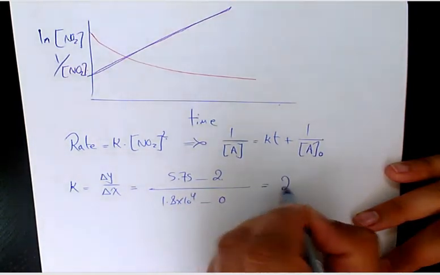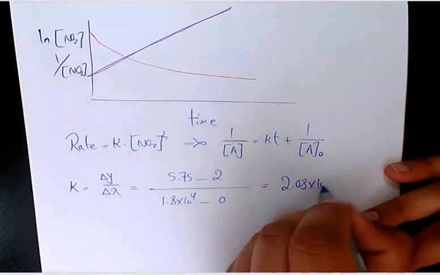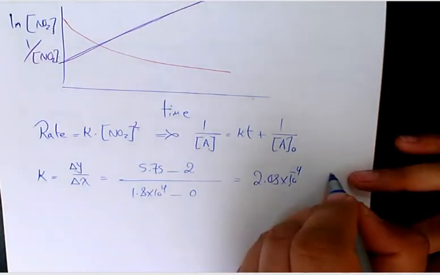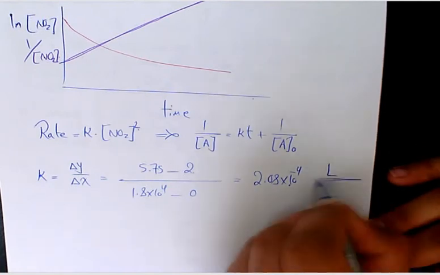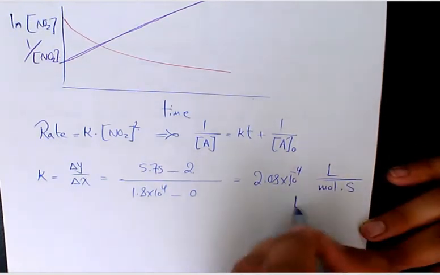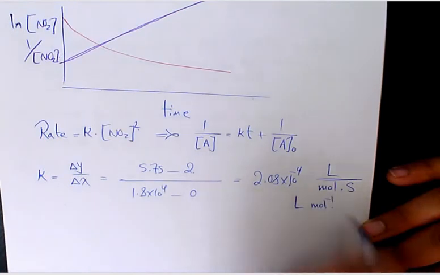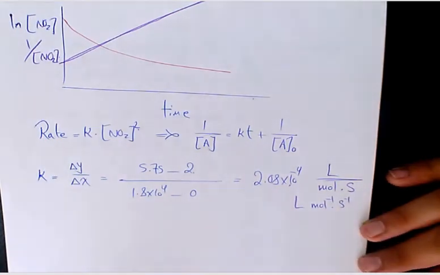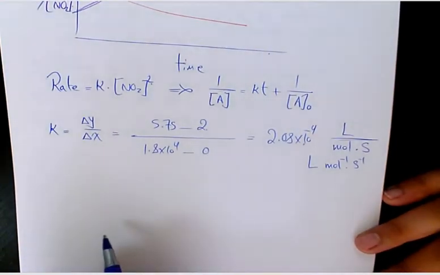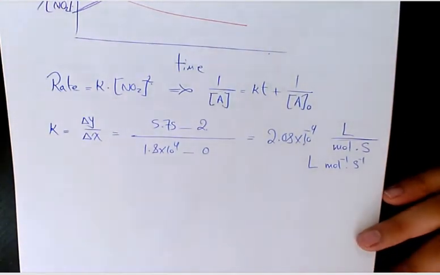That's going to be 2.08 times 10 to the power of negative 4. And as we saw earlier, the unit is going to be liter per mole per second, or again, liter, mole to the power of negative 1, seconds to the power of negative 1. Now we have the K value.